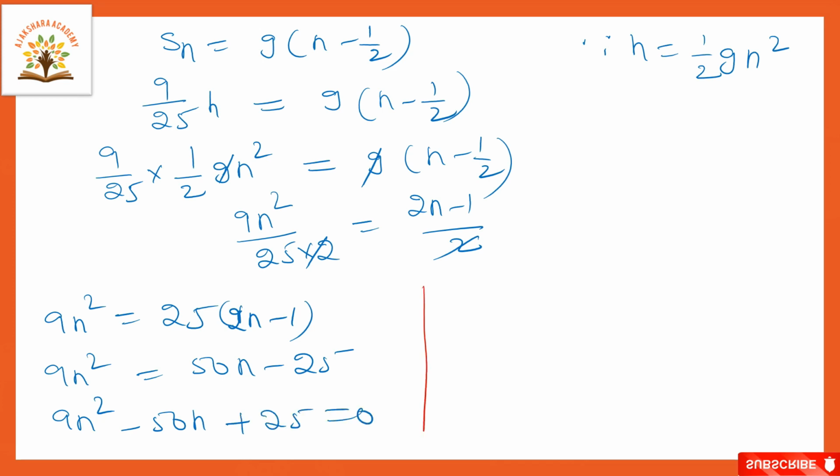Now we are finding the roots, and this can be written as 9n square minus 45n minus 5n plus 25 is equal to 0.